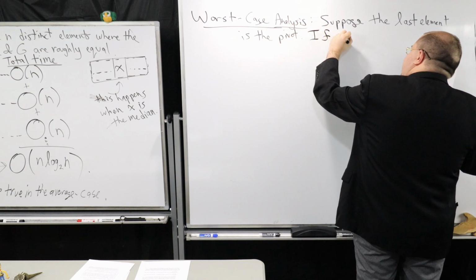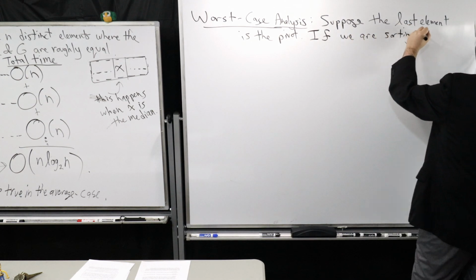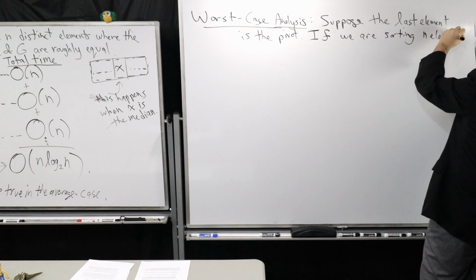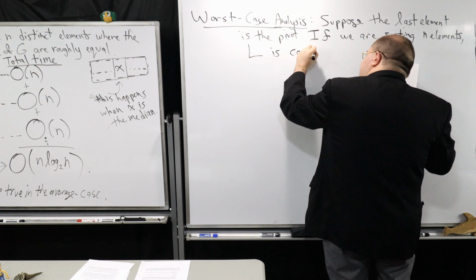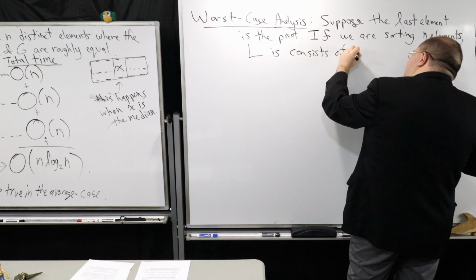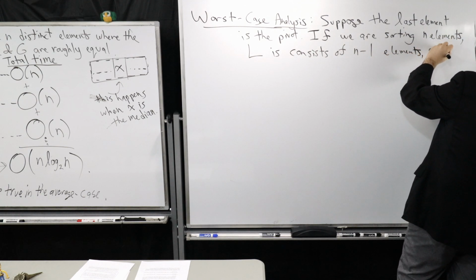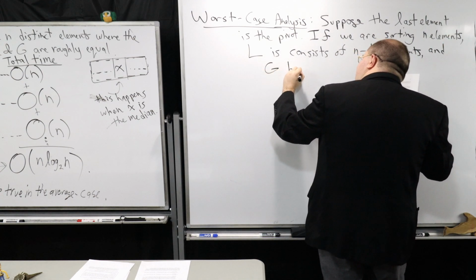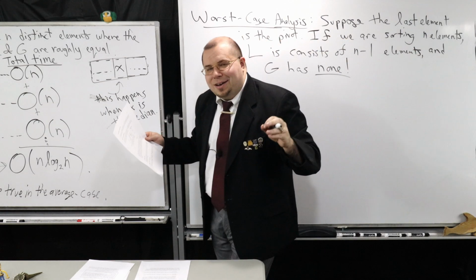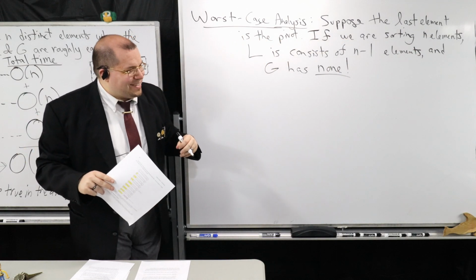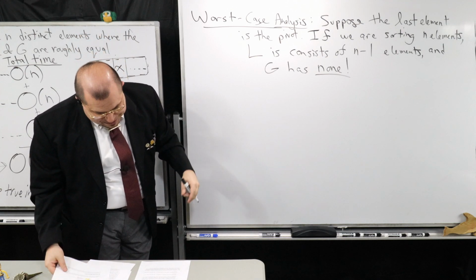So if we are sorting n elements, just for the sake of discussion, n elements, L consists, so our less than or equal group consists of n minus 1 elements, and G has none. Nothing. It has nothing. So in this case, what it will look like is something like the following.